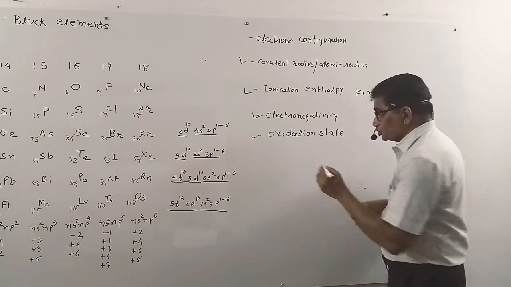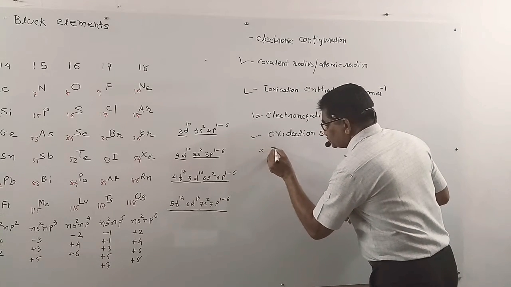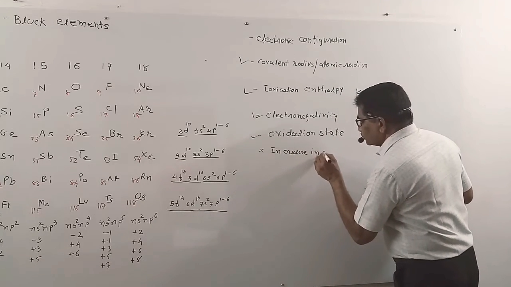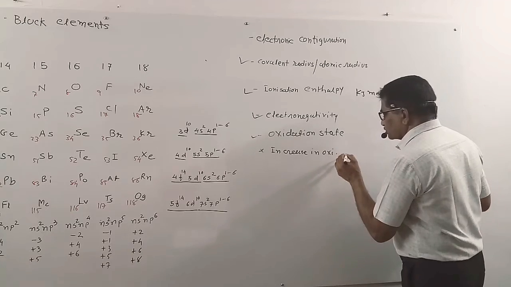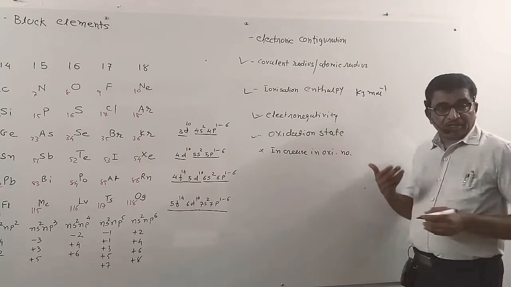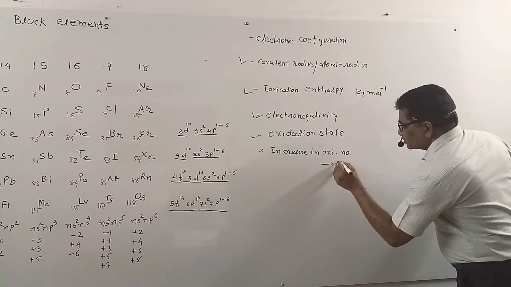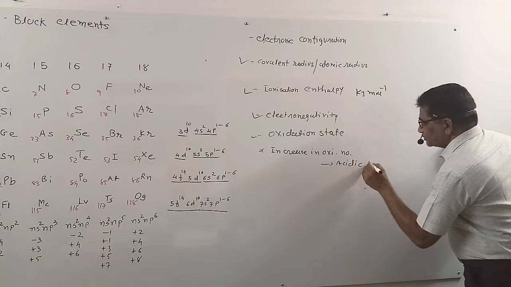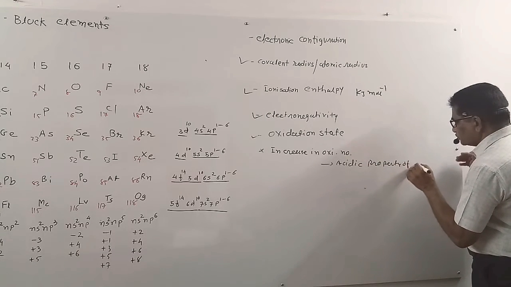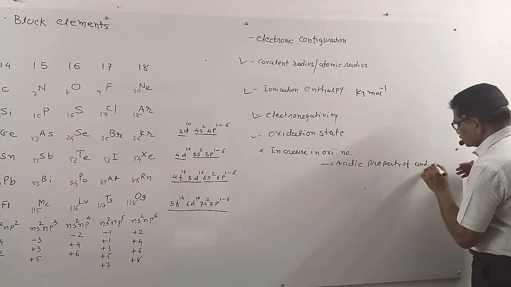In short, we say if there is an increase in oxidation state or oxidation number, the acidic property of the compound is also increased.